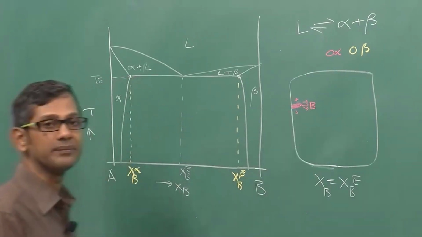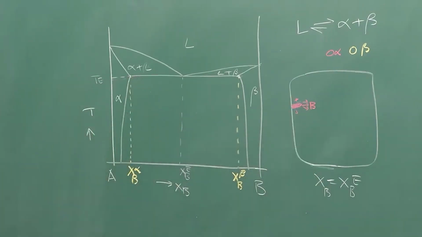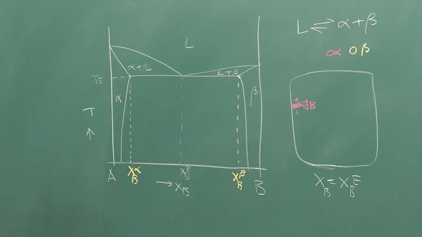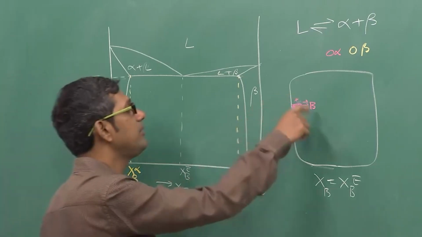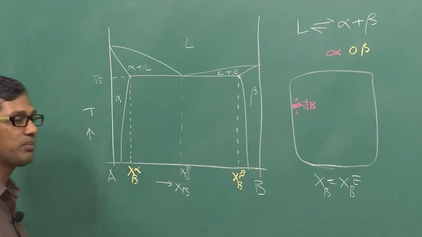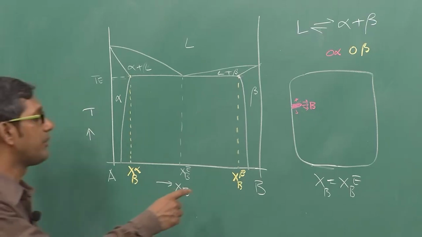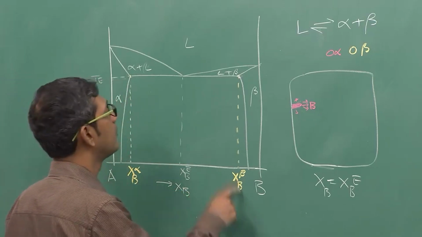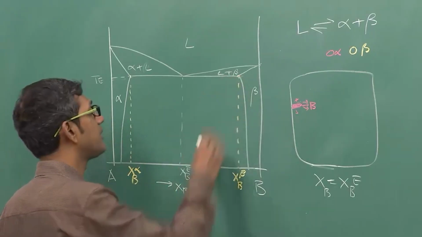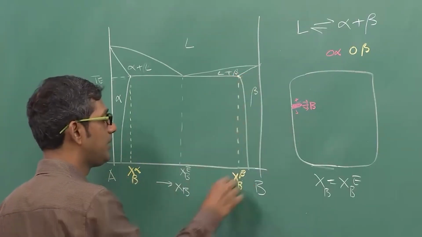Because growth of alpha requires more A, less B, these nearby regions will be very rich in B. Because of that, the composition of the liquid might reach the point which I marked XB beta.